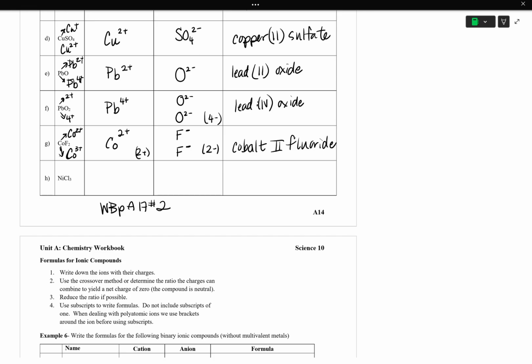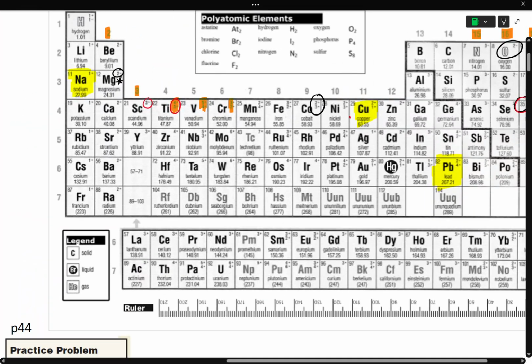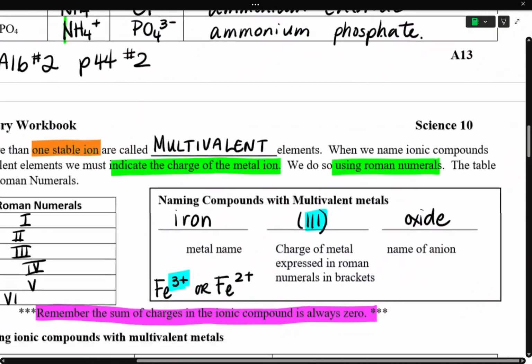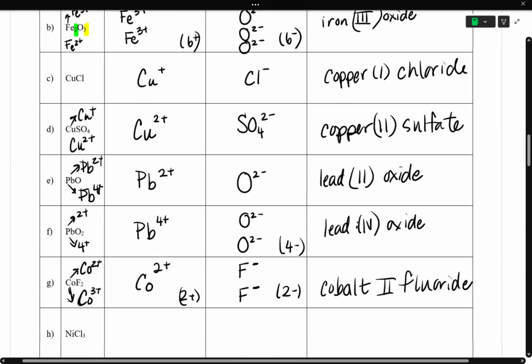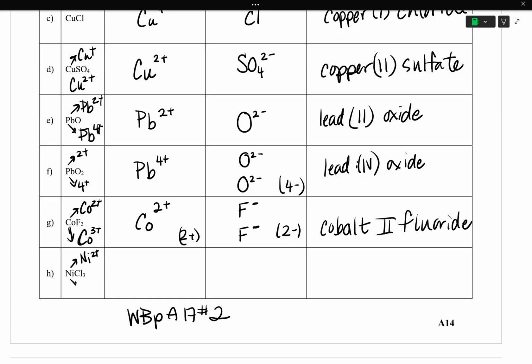Okay, last one, nickel. Nickel can be, here we go, 2 plus and 3 plus right there. Atomic number 28. So I think I said Ni2 plus or Ni3 plus.